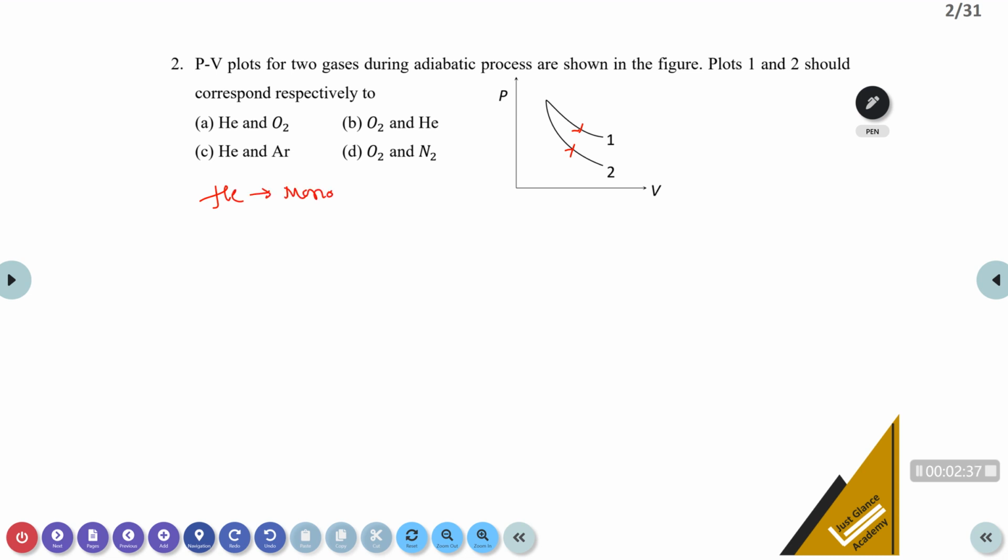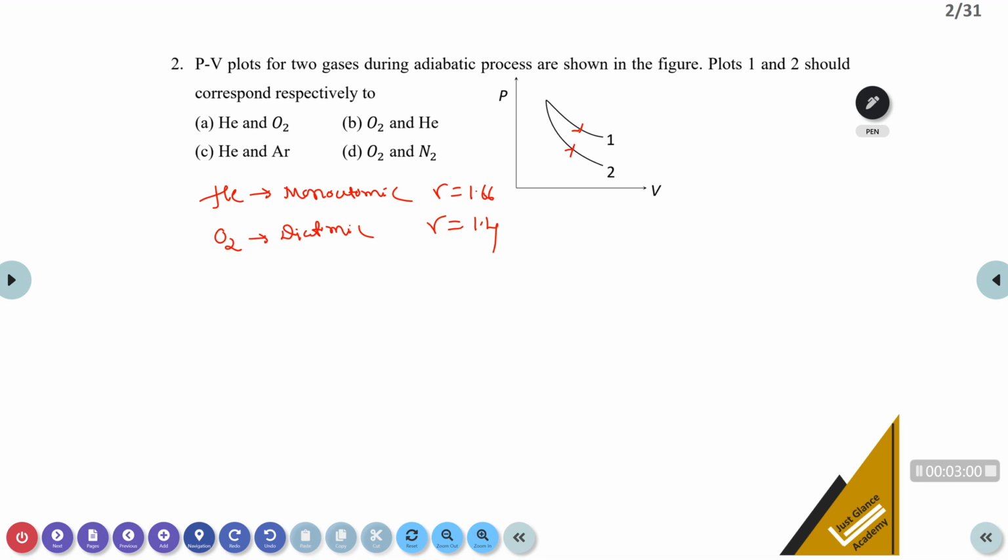Helium is a monoatomic gas. But oxygen is a diatomic gas. For helium, monoatomic, gamma equals 1.66. For oxygen, it is 1.4 here.